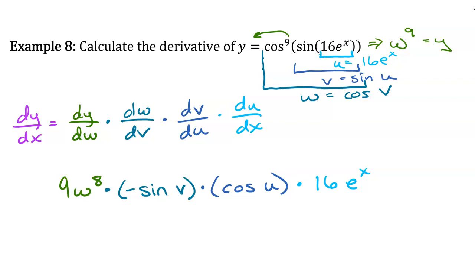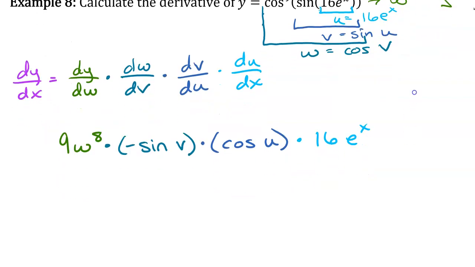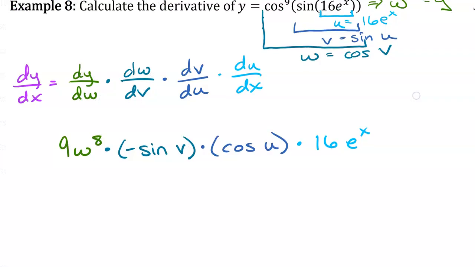Okay, so let's see here. So, right, that'd be the cosine of 16 e to the x and negative sine of v, which is sine of u.